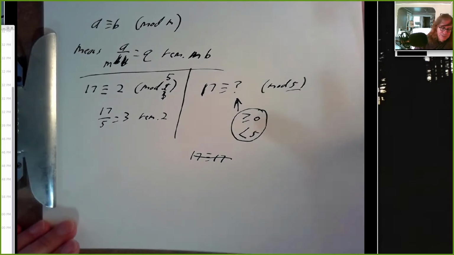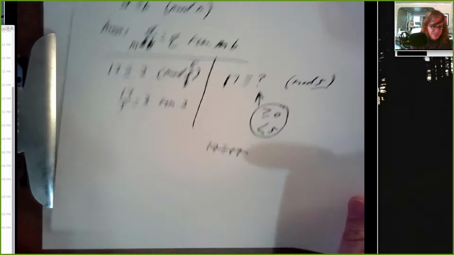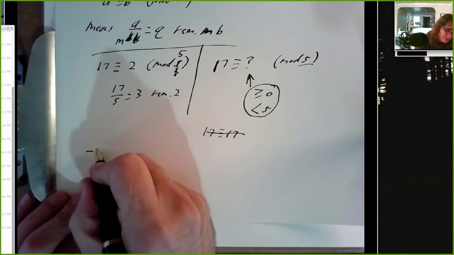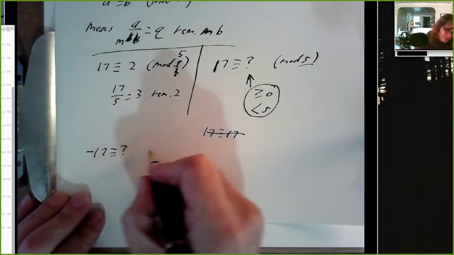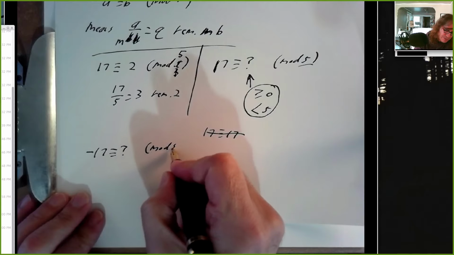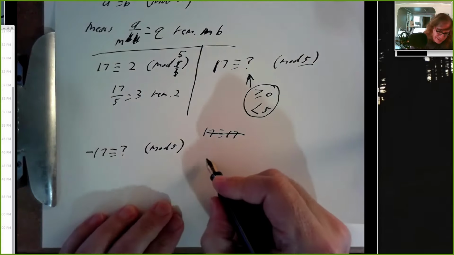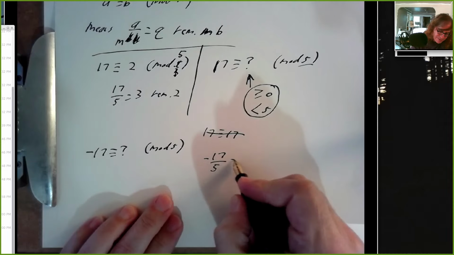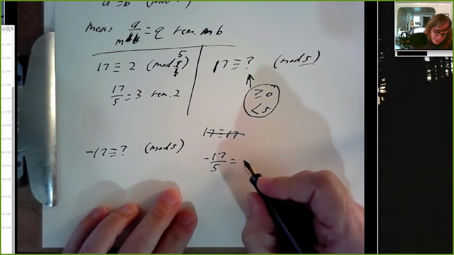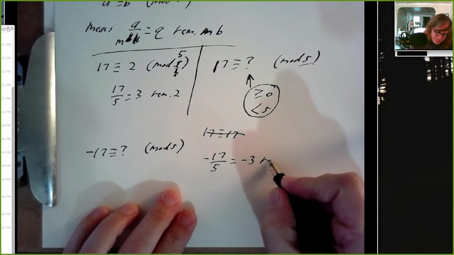Okay, this gets interesting when we have negative numbers. So if I take negative 17 and I want to know what that's congruent to modulo 5, well, negative 17 divided by 5 is, I don't know, we might think it's negative 3.